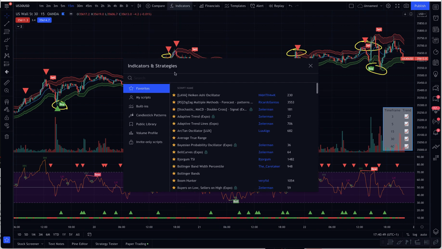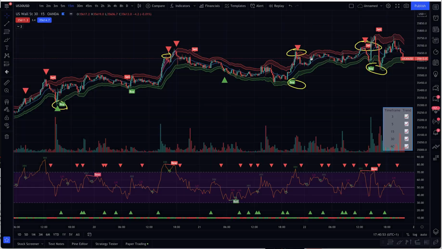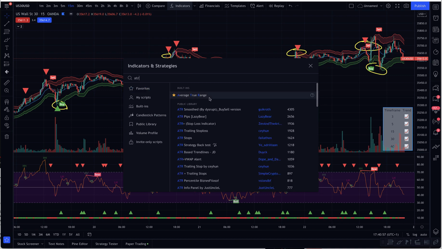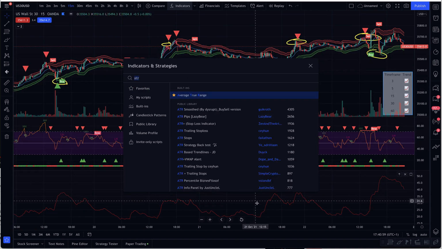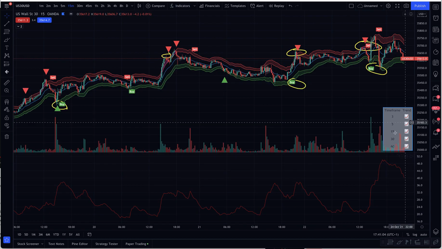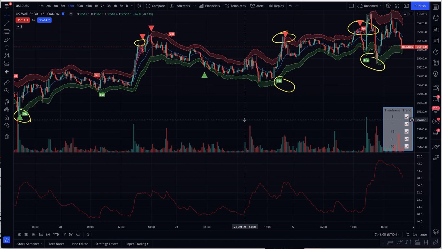There is an indicator which is called ATR. Okay, you go to indicators and you just add ATR, average true range. So if you're not sure, let me just remove that one. What it does, it shows you the average that the price moves, like let's say for the last 15 minutes, what is the average true range of this price.